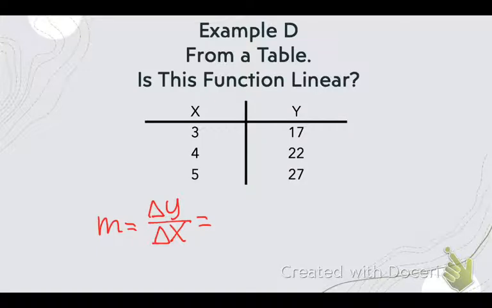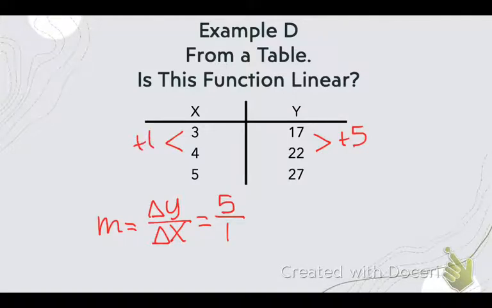I'm looking at my first value of 17 for y, and I'm going to 22. What am I doing there? I'm adding 5. So 5 is going to go on top of my slope ratio, my rate of change. Then I'm going to go to my x's, and I do 3 to 4, I'm adding 1. So the bottom number is going to be 1.